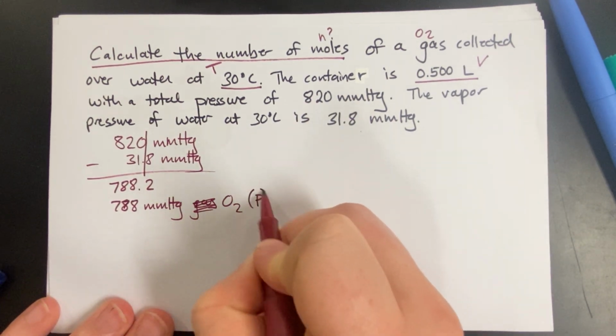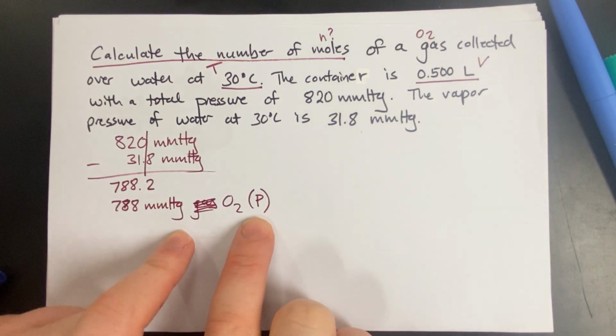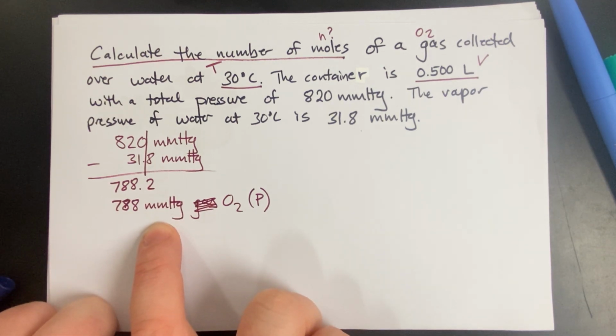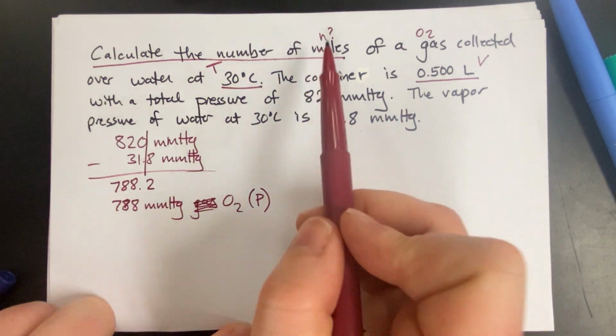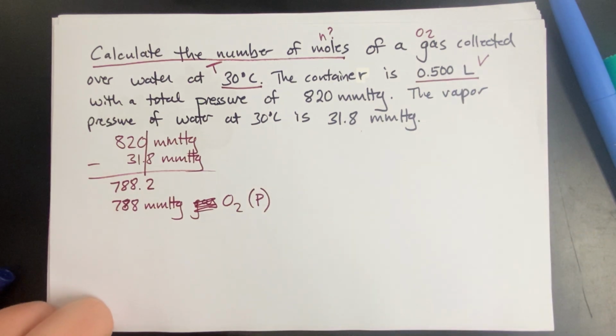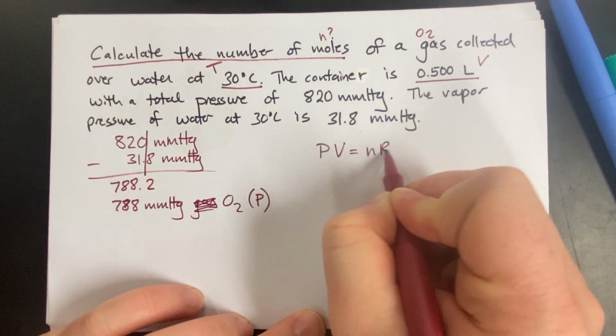This is my pressure. Now don't forget, you are gonna need to convert here, okay? Pressure wants to be in atm, they gave you mmHg, so you want to divide by 760 to get rid of that. I've got a T, a V, a P, I'm solving for n. That sounds like the ideal gas law to me, so we're going to plug and chug into PV equals nRT.